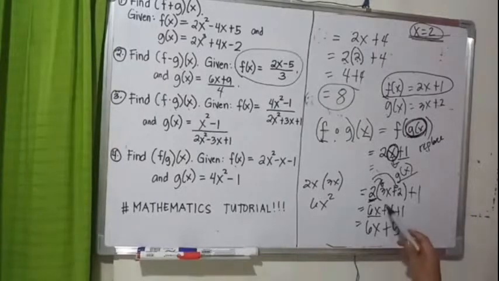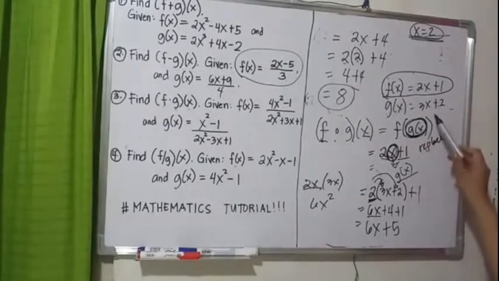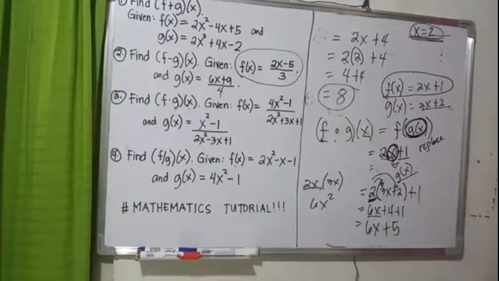Iba yung constant 2 kaysa sa 2x. Okay? 6x lang, walang squared. Ito 2x. So ang x natin is ang value na ng g of x, that is 3x plus 2. Copy. Okay.